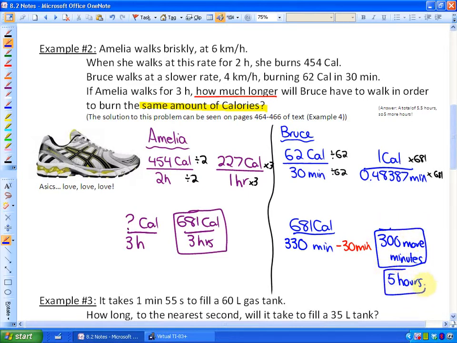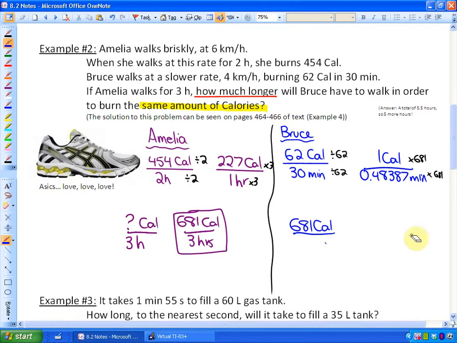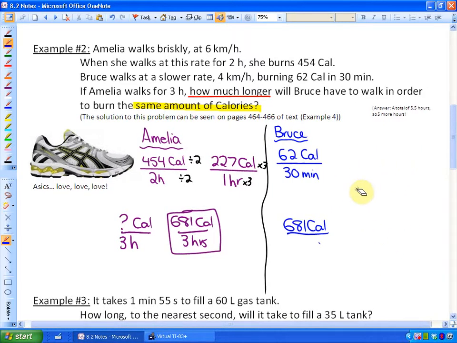That's one method. Another method of solving this particular problem, so let me just start at the beginning of Bruce's problem. If you don't understand this particular problem or method, I'll show you another method, but it kind of starts with the same premise. The premise would be that we know that Bruce burns 62 calories in 30 minutes, so how long does it take him to burn 681 calories?